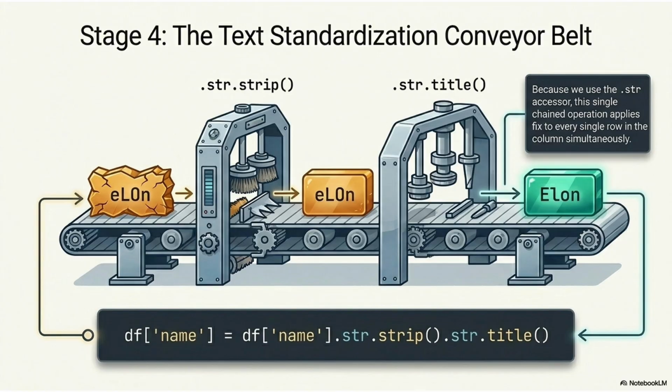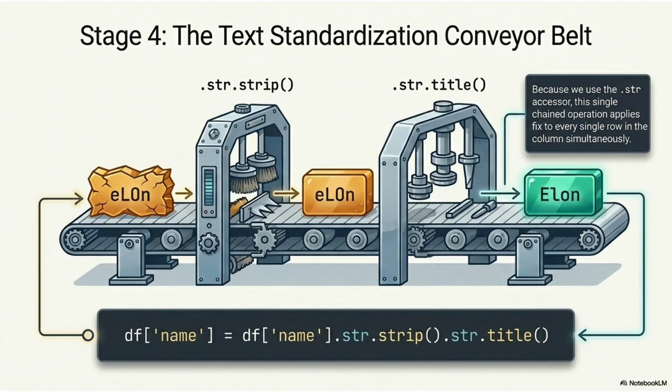The conveyor belt visual shows Elon entering with a trailing space and lowercase letters. str.strip removes the leading and trailing white space. str.title capitalizes the first letter of each word. The output is then clean Elon. The code is df['name'] = df['name'].str.strip().str.title().